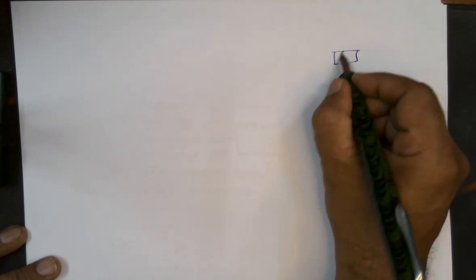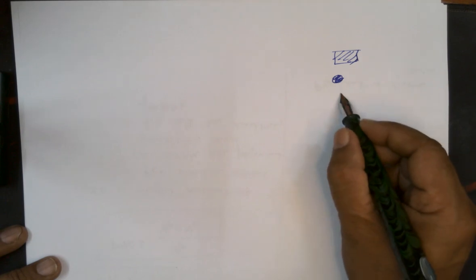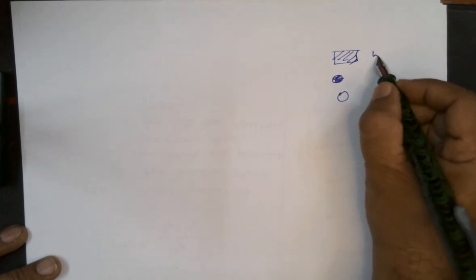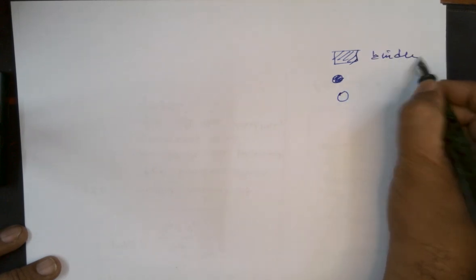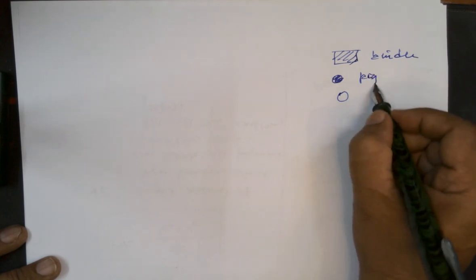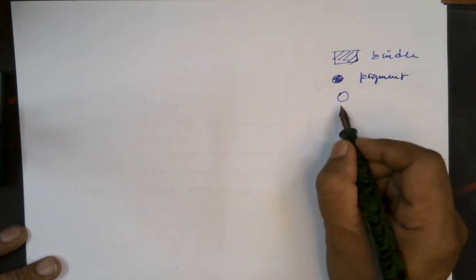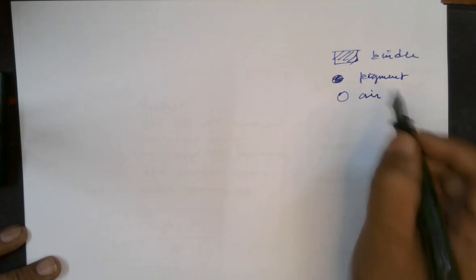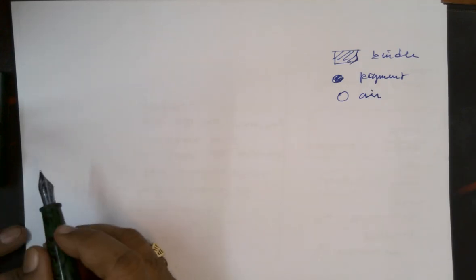See, let me call this the binder and this the pigment, and this is the air gap. So this is binder, this is pigment, this is air gap. Let us assume like this.